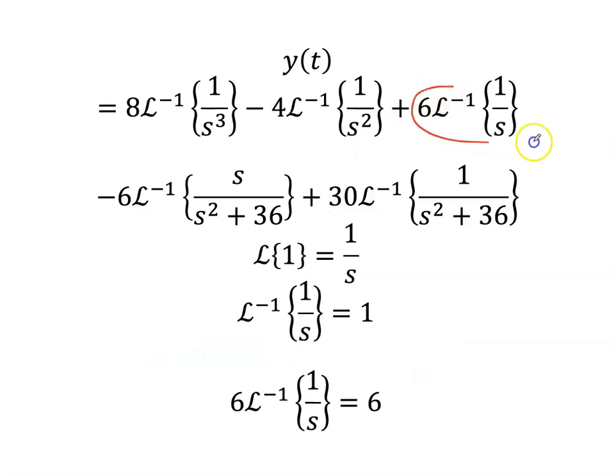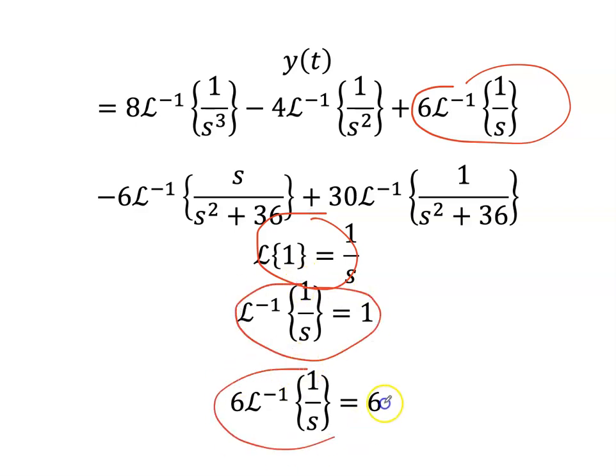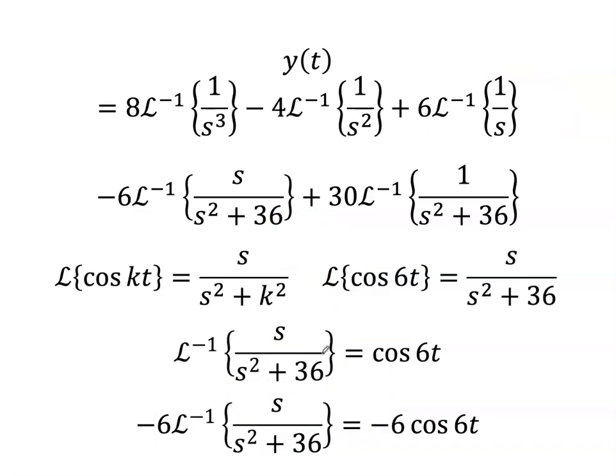Okay, next we've got 6 times the inverse Laplace transform of 1 over s. We know the Laplace transform of 1 is 1 over s. The inverse Laplace transform of 1 over s is 1. So 6 times that is just going to be 6. How about this guy? 6 times the inverse Laplace transform of s over s squared plus 36. This formula comes in handy: the Laplace transform of cosine kt is s over s squared plus k squared.